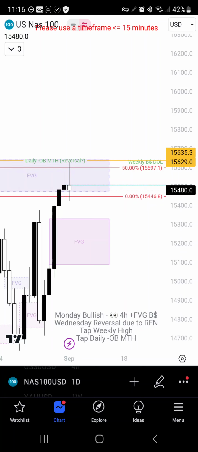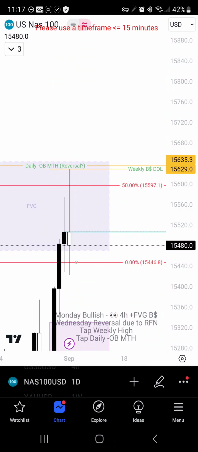I'm expecting that news to either push up into my daily and weekly draw on liquidity, or to cause the market to push down from it. Since I'm expecting Monday to be bullish, if I'm able to trade Monday or Tuesday, I want to look for a higher time frame PD array to push me up.